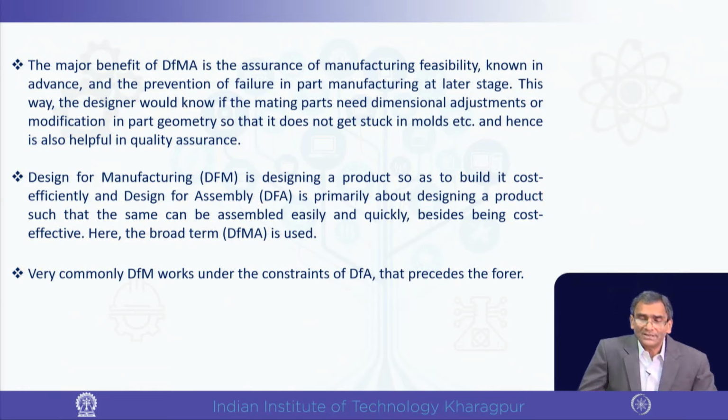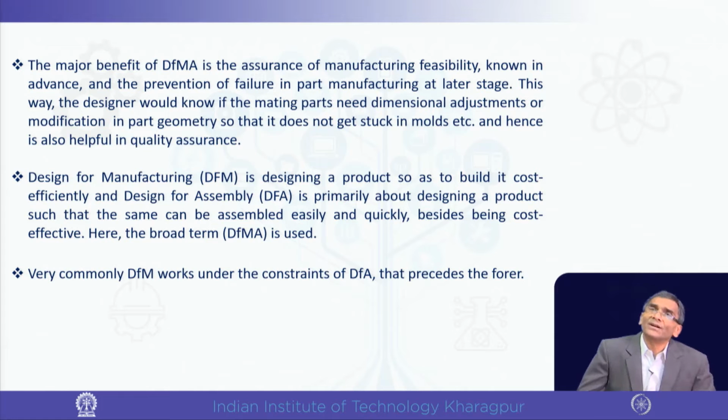All right. Design for manufacturing is designing a product which is to be built cost efficiently, and that is what we normally hear as design for X. X is the variable: when we talk about design for reliability, it is DFR; design for environment, it is DFE; design for quality, it is DFQ.